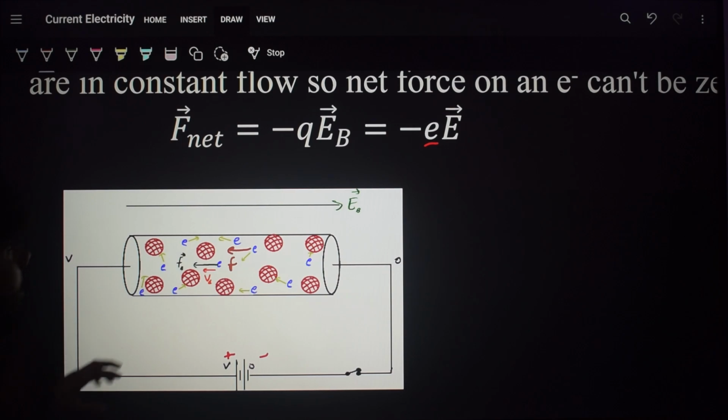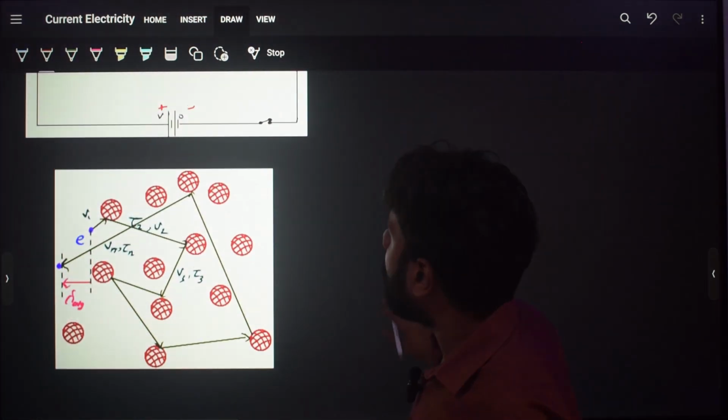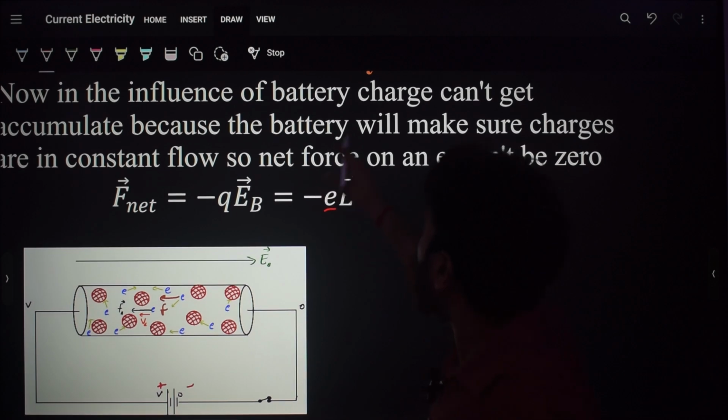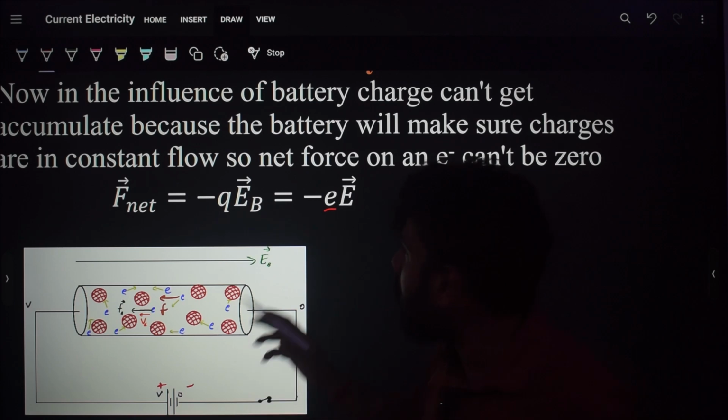That means in this case, as we have mentioned here, in the influence of the battery, charge can't get accumulated because the battery will make sure the charges are in constant motion.